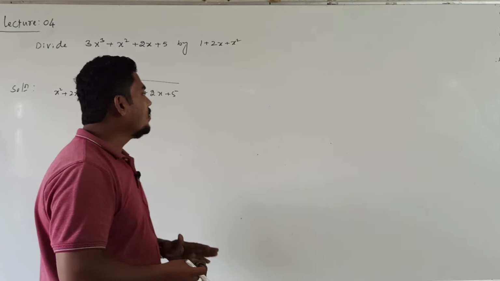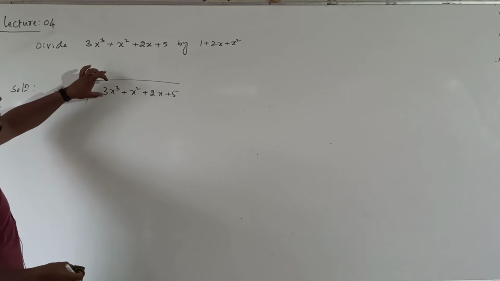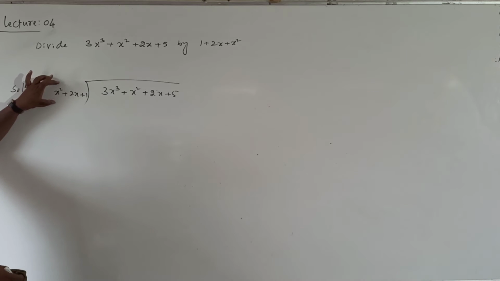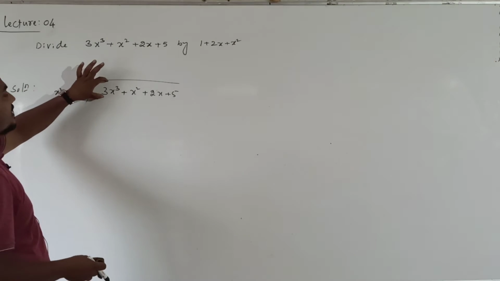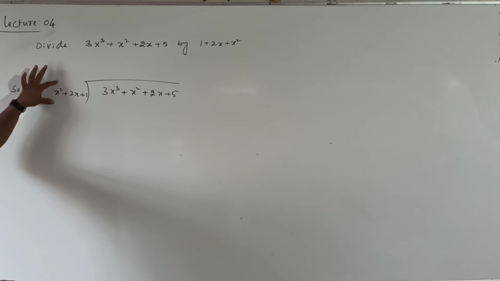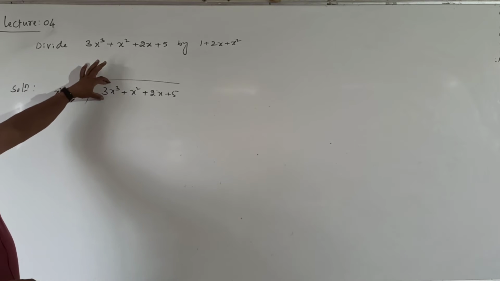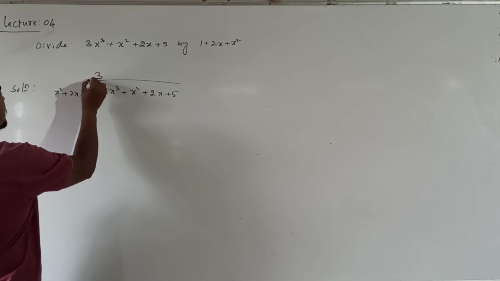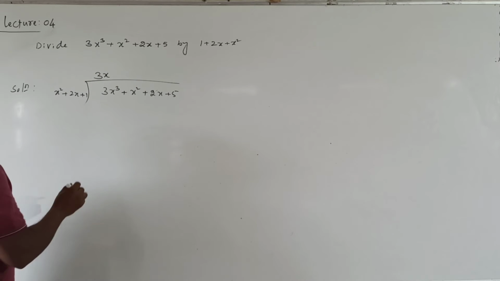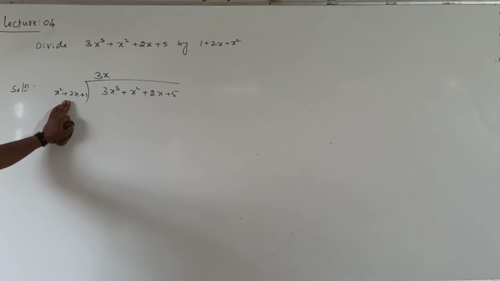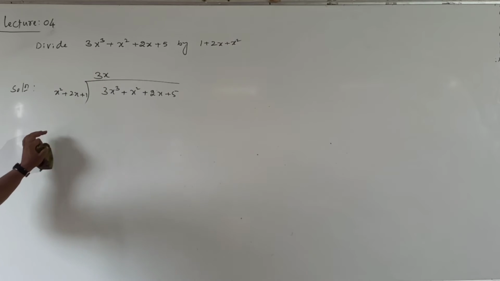Now what we do? For getting 3x cube, which term we need to multiply for x square? Just concentrate on first term. For getting 3x cube, which term we need to multiply for x square? That is 3x. Now only concentrate on first term, after that multiply every term of the divisor with 3x.